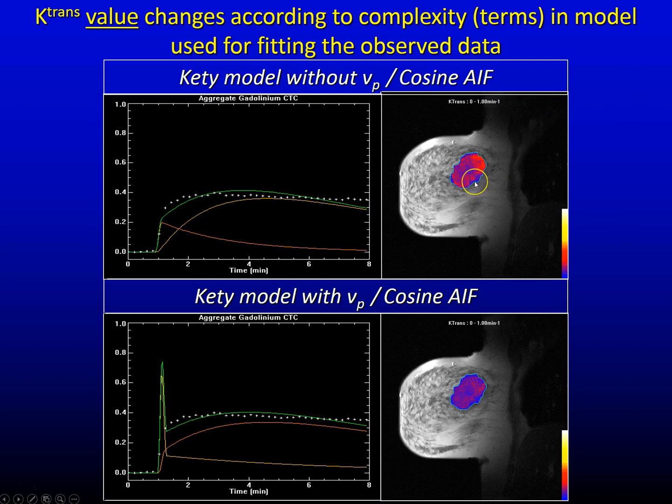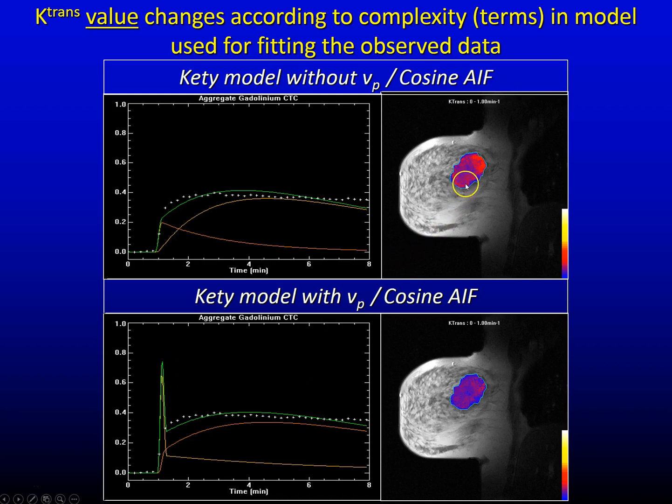So here is a patient with breast cancer, the same tumor with two different models. Here is a model that does not have a vascular function, and this model here has a vascular function, which is indicated by this peak.